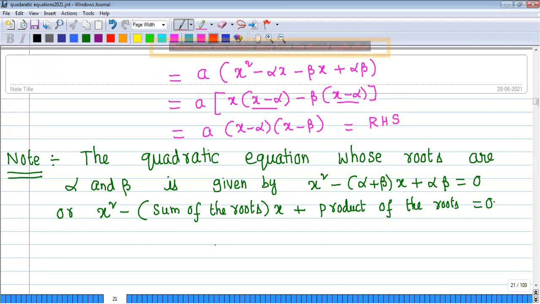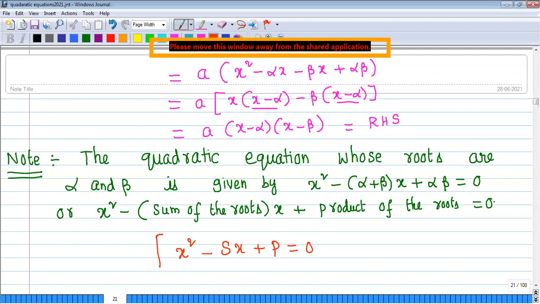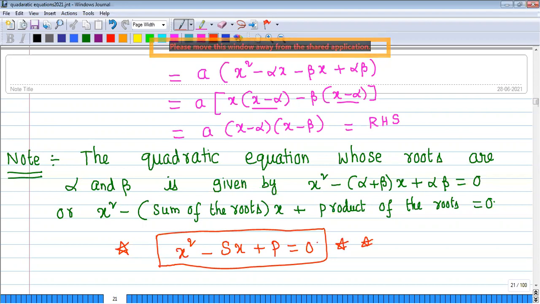Generally, in higher classes, sum of the roots is given by capital S and product of the roots is P, then we can write it like this also: x square minus Sx plus P equal to 0. That means if the roots of a quadratic equation are given and you want to find the quadratic equation, then first we need to find the sum of the roots, alpha plus beta, and alpha beta. Substitute in this formula, x square minus (alpha plus beta) into x plus alpha beta is equal to 0. So that we get the quadratic equation.